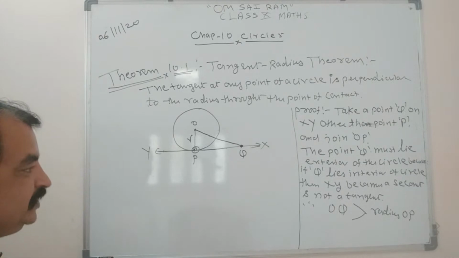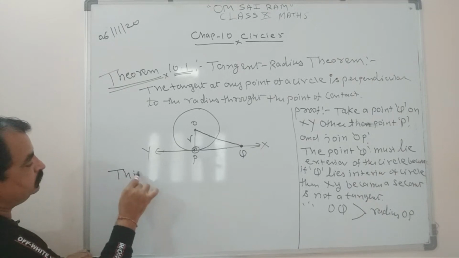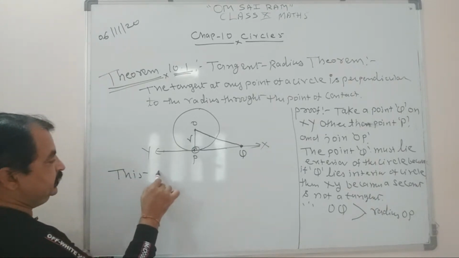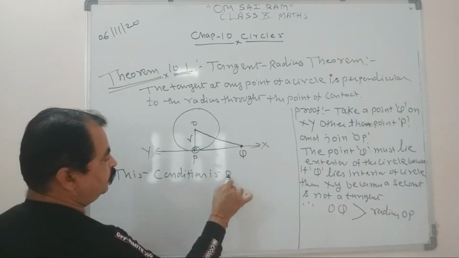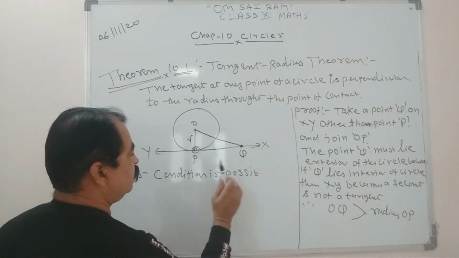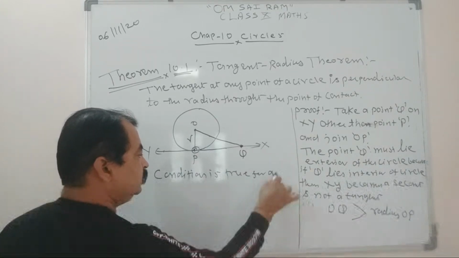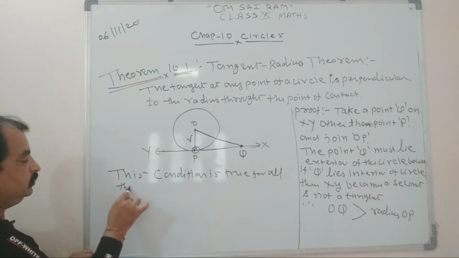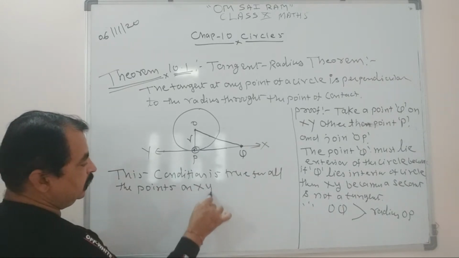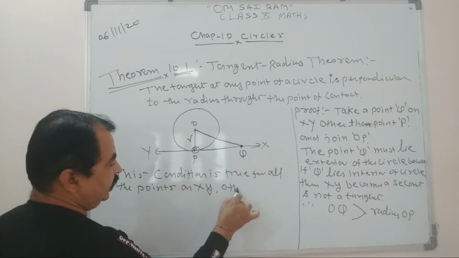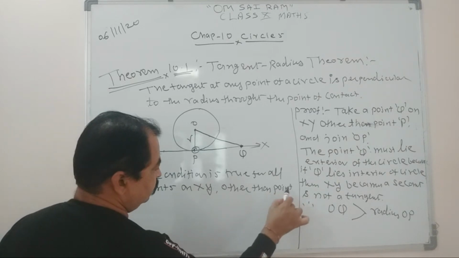Okay, so only this much argument is there, and we write that this condition or situation is possible, or you can say is true, for all the points on XY other than point P. Right, children?